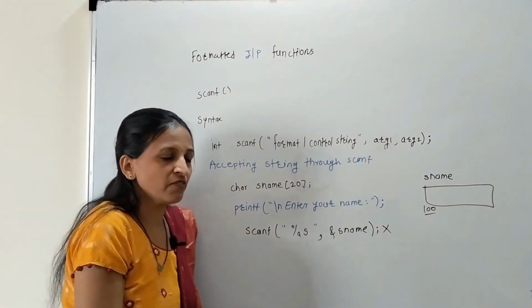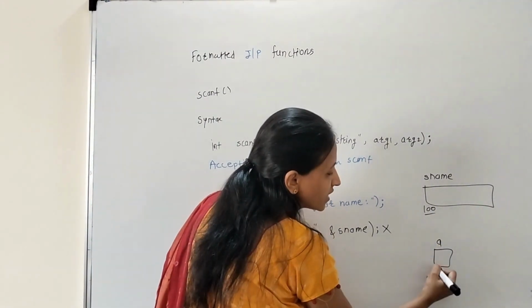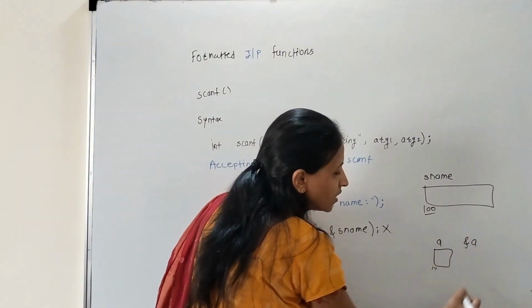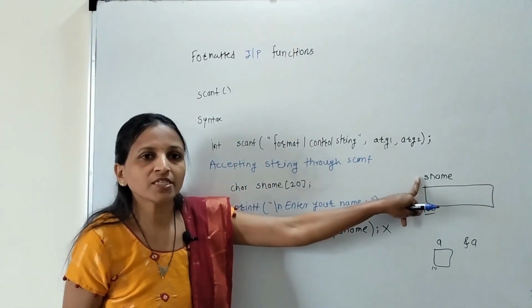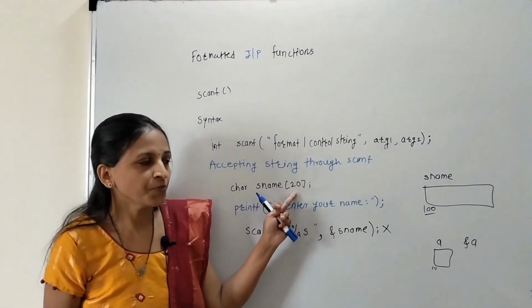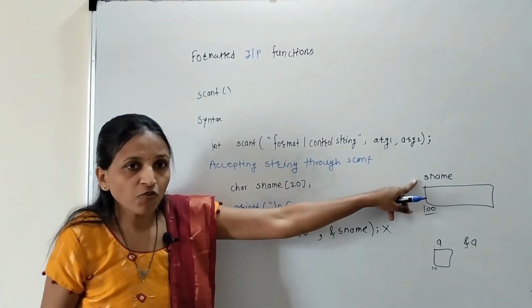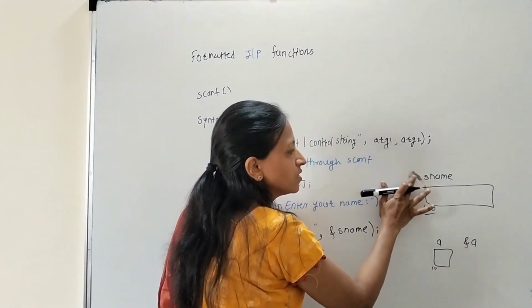Suppose it is a normal variable like integer a, then for getting the address we have to use ampersand a. But in this case this is not a normal variable, this is just an array name, because for a string we have to create an array.